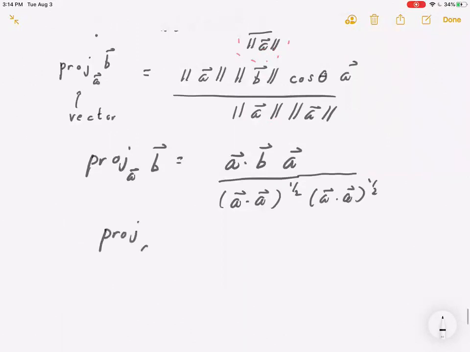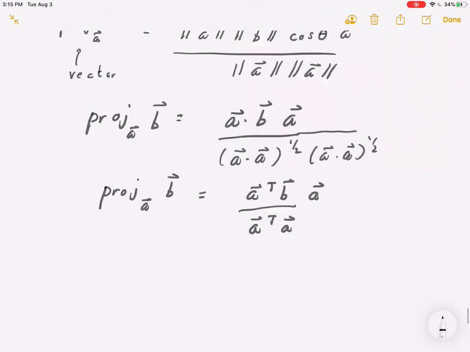The projection of B onto the line A is just the transpose of A times B divided by the transpose of A times A, times A. And again, this thing here is a scalar.